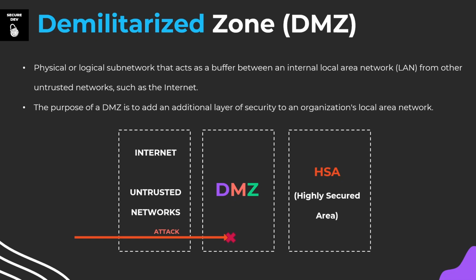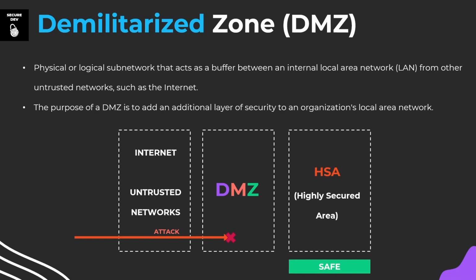As an example, we might place our web servers, which need to be accessible from the internet obviously, within the DMZ, and our databases, which contain sensitive data, within the highly secured area, providing a robust layered defense that aligns with our previous discussion of the CIA Triad and the AAA model.